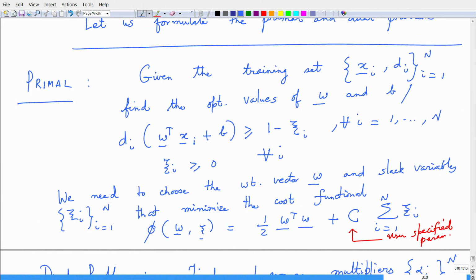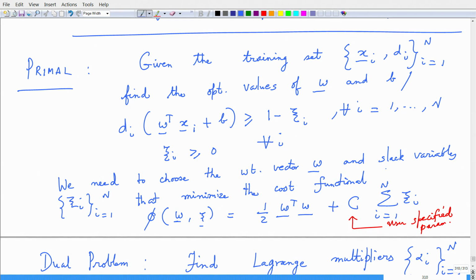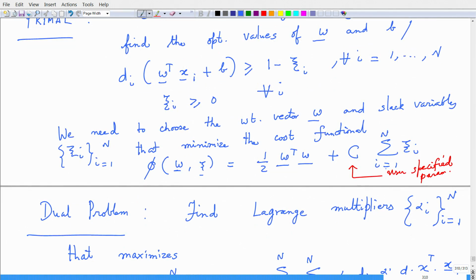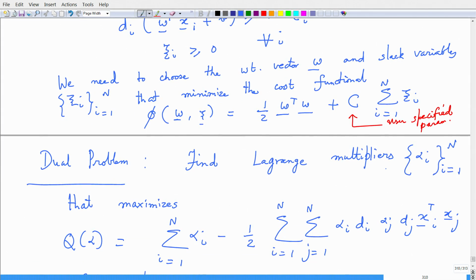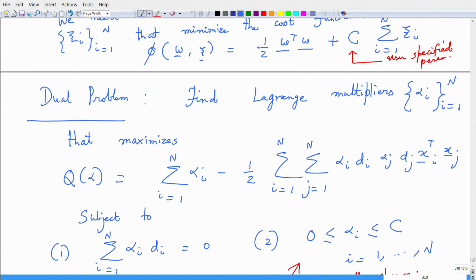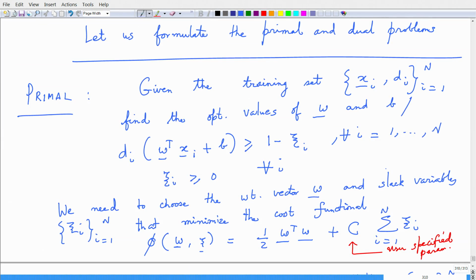The key idea that you have to realize is we introduce these slack variables zeta so that we accommodate the misclassified points, and then we want to minimize the average cost over these misclassified points, and with respect to that we formulate the appropriate cost to solve this problem.